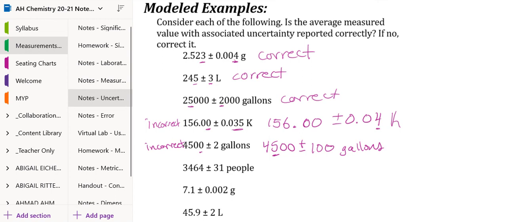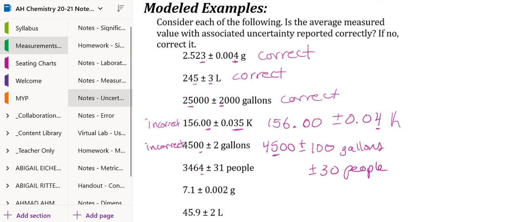Okay, this next one has 2 problems, right? My uncertainty has 2 non-zero digits. So how would I round 31 to have only 1 significant digit? 30. So if I have to round that to 30, then can I actually report the ones place in my measured value?